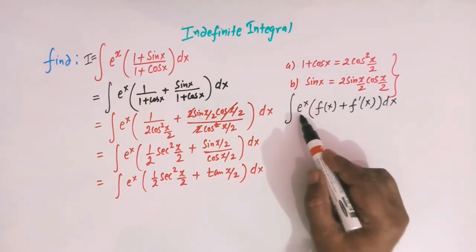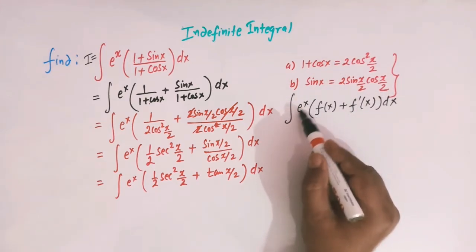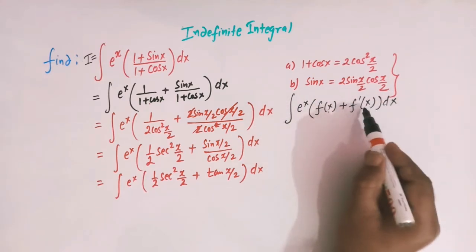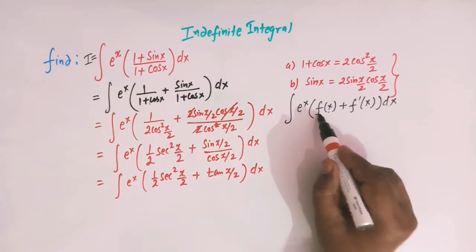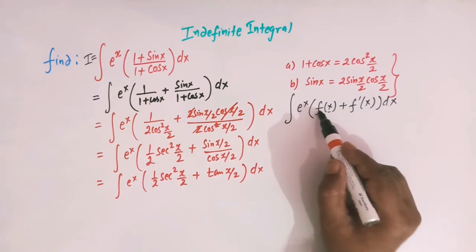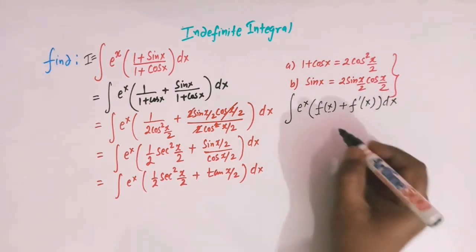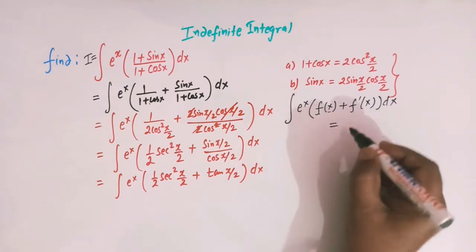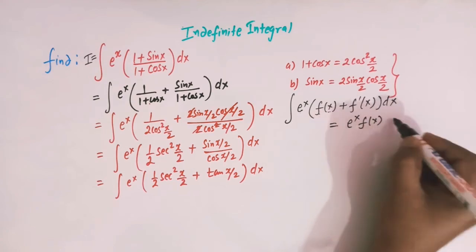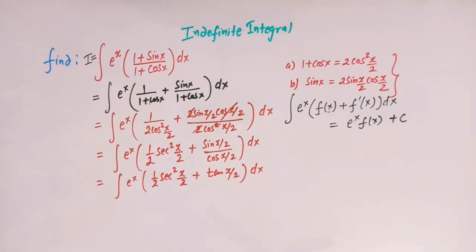If we have a function like this, where we have the exponential function e raised to x, and one of the other two functions is f of x and the other is its derivative, then we can directly write the integral as e raised to x multiplied by f of x plus c, where c is the constant of integration.